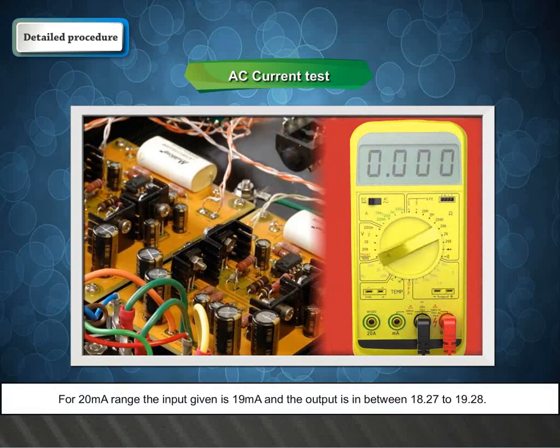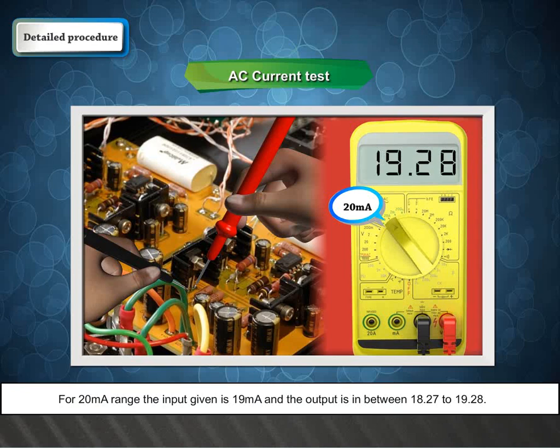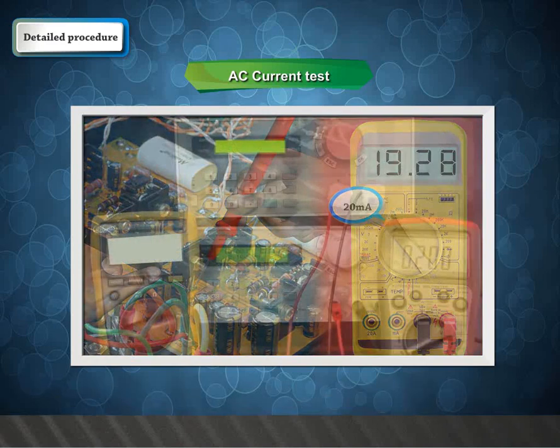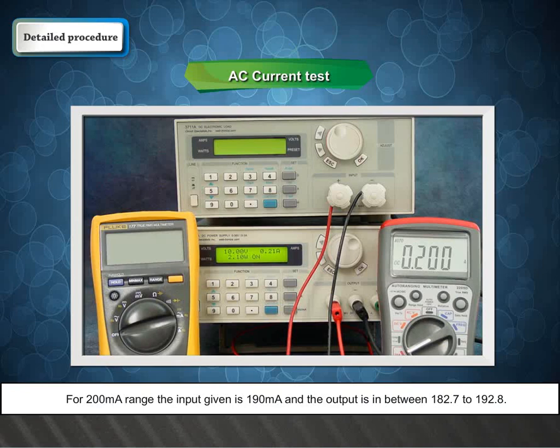For 20 milliamps range, the input given is 19 milliamps and the output is between 18.27 to 19.28. For 200 milliamp range, the input given is 190 milliamp and the output is between 182.7 to 192.8.